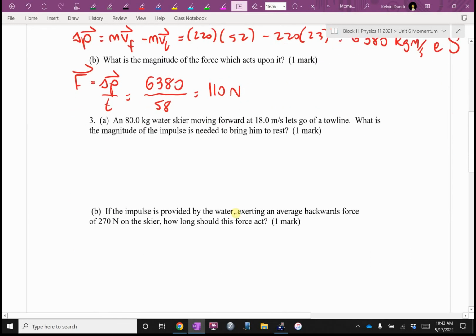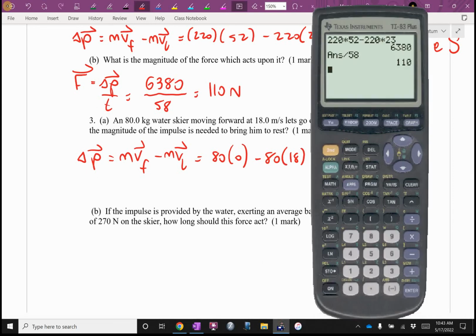Number 3, a skier lets go of a tow line. We want the magnitude of the impulse needed to bring him to rest. I think I'm going to again use mv final minus mv initial. It's going to be 80. V final is 0, to rest, minus 80 times 18.